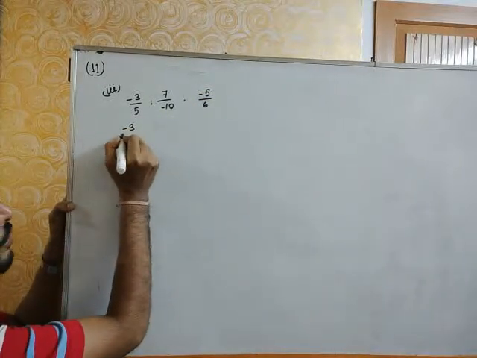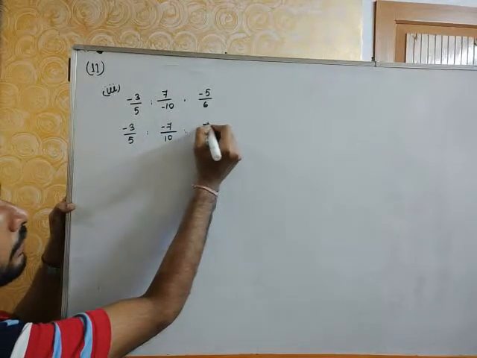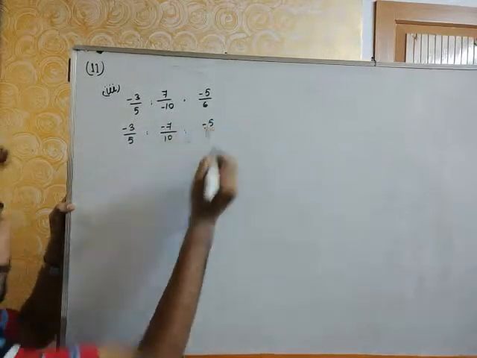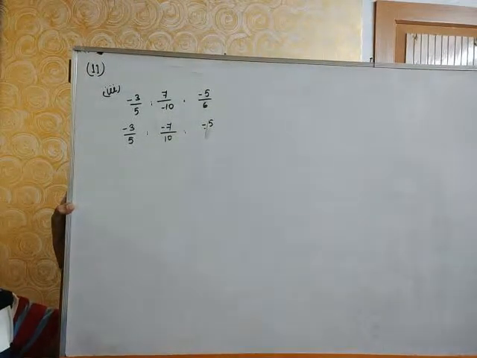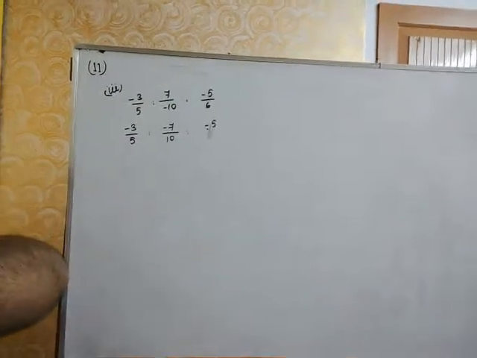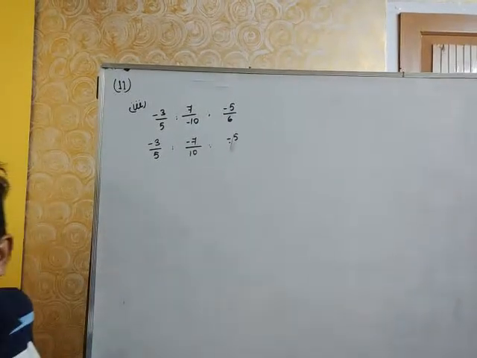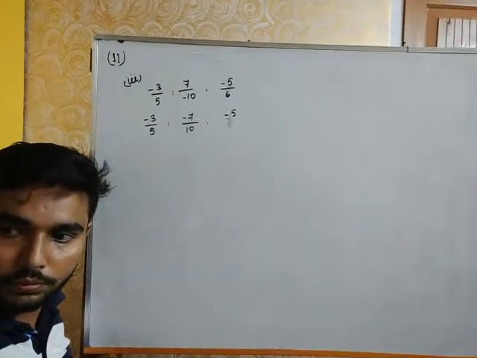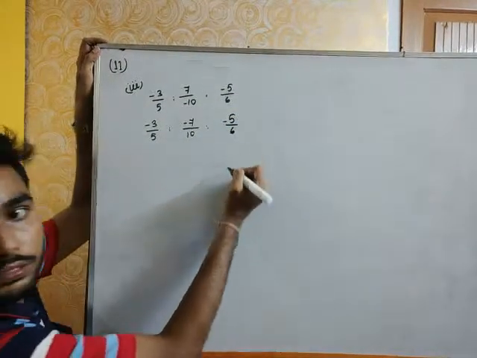So first of all, you have to make the denominator positive. Minus 7 by 10, minus 5 by 6. So it will be minus 5 by 6.